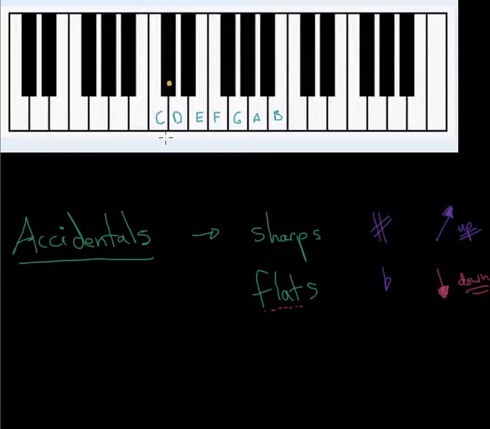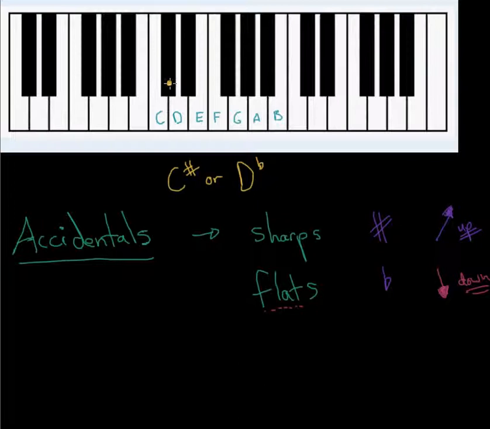So what note is it? Well, I'm going to help you. It is called, well, it actually has multiple names. It has two names, in fact. It could be called a C sharp or a D flat. Okay? I'll say that again.